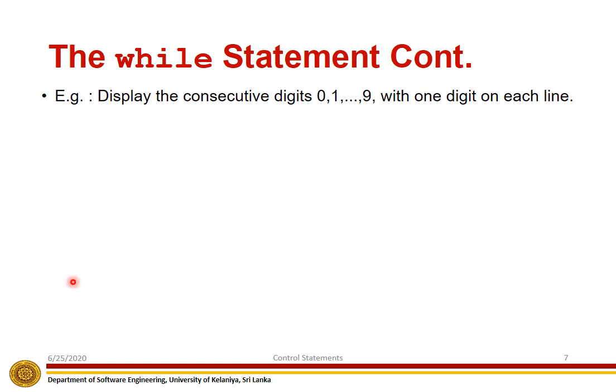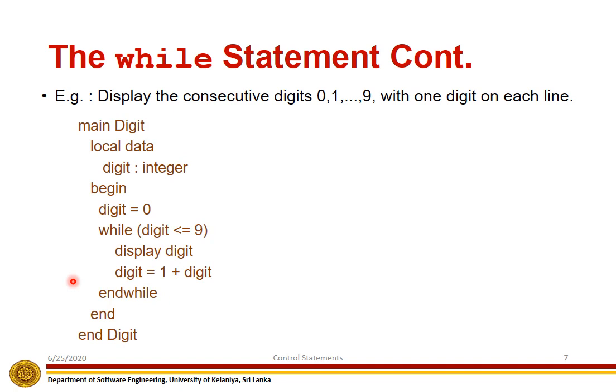Here I am going to display the consecutive digits 0 to 9 with one digit on each line. So the output must have the numbers 0 to 9, with one number on each line, right? First I will write down the algorithm for this. I have given the algorithm name as digit, so main digit.